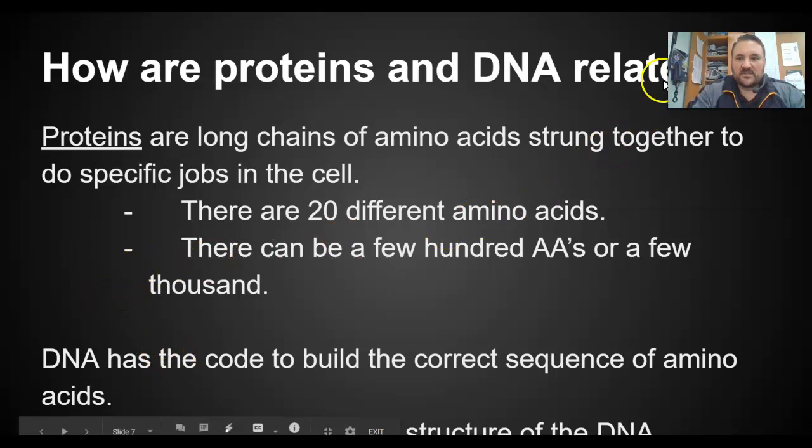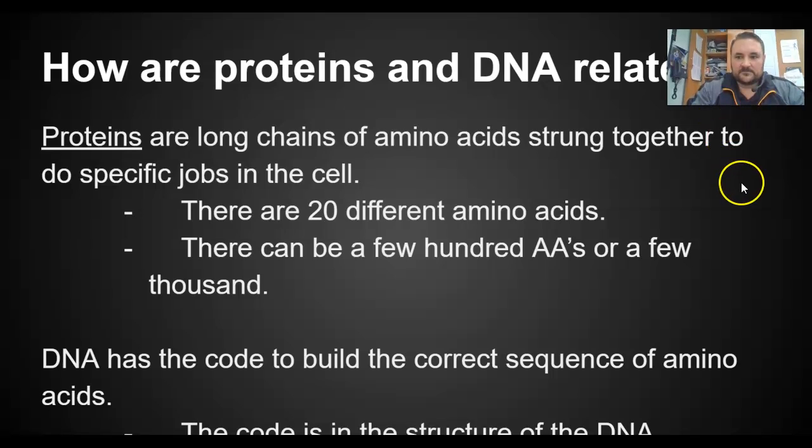How are proteins and DNA related? Proteins are very long chains of amino acids. There are 20 amino acids, and we can talk about those later in the chapter.